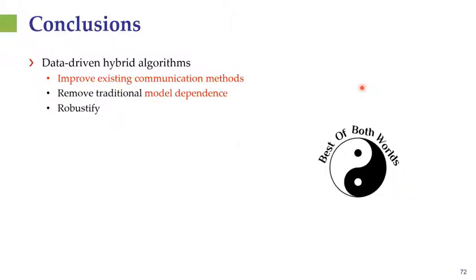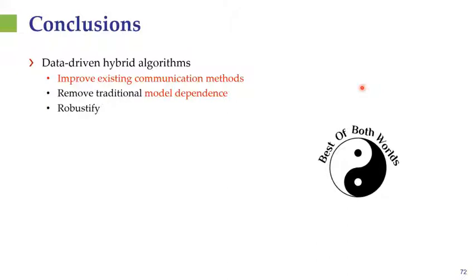What we have shown here, and focused this part of the tutorial on, is data-driven hybrid algorithms, which are capable of improving existing communication algorithms by allowing them to operate in a data-driven fashion, such that we remove their model dependence. For example, we can now implement iterative soft interference cancellation without being restricted to linear channels.